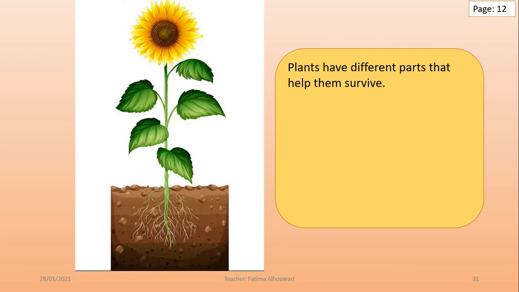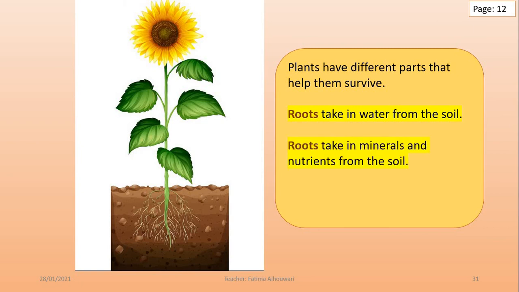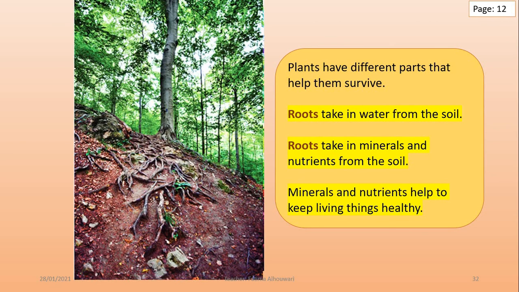Plants have different parts that help them survive. One of the most important plant parts is the root. Roots take in water from the soil and take in minerals and nutrients from the soil. Minerals and nutrients help to keep living things healthy. This is a real picture. These are the roots of this tree.